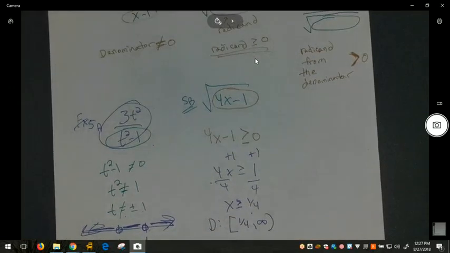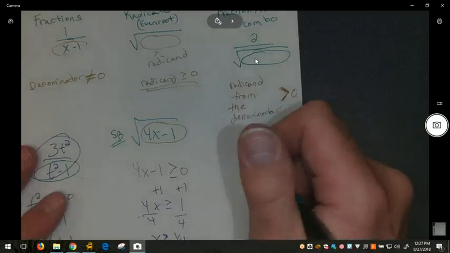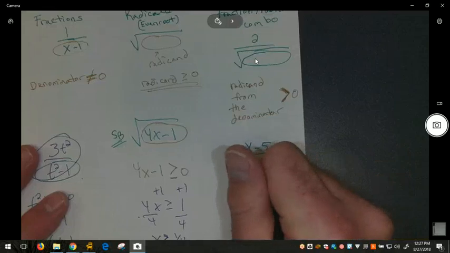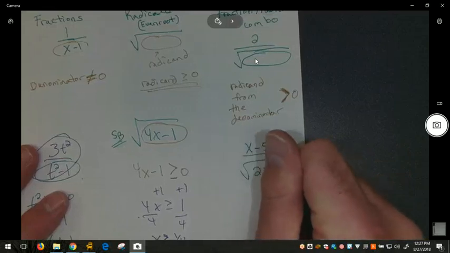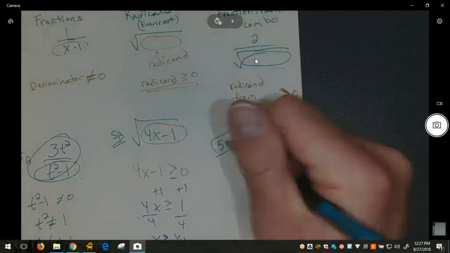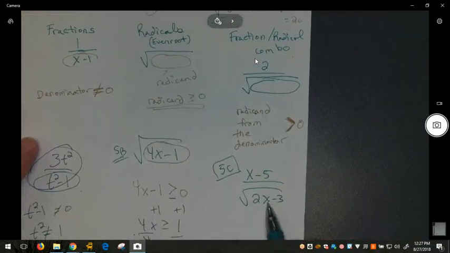Our last example is one that has a radical in the denominator of the fraction. So we have x minus 5 over the square root of 2x minus 3. So this will be 5c, an example of a fraction that has a radical in the denominator.